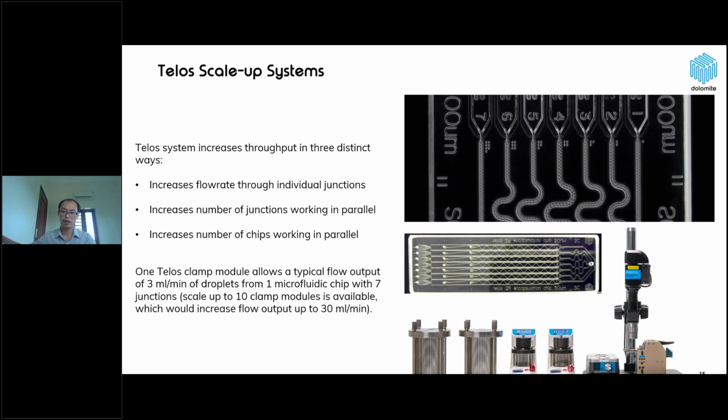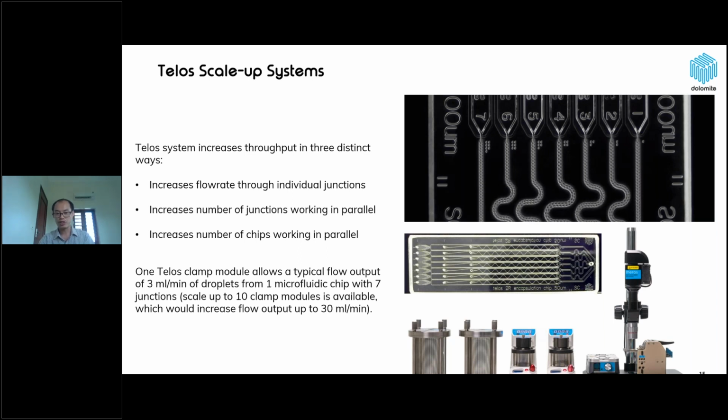With the Taylor clamp, we can use up to 10 clamps for running 10 microfluidic chips working together. So with 1 Taylor clamp module, we get a typical flow output of 3 ml per minute of droplets from 1 microfluidic chip with 7 chip junctions.